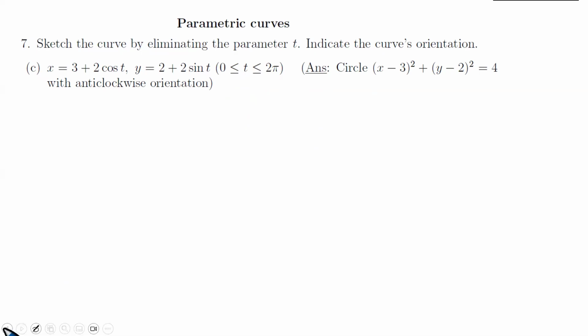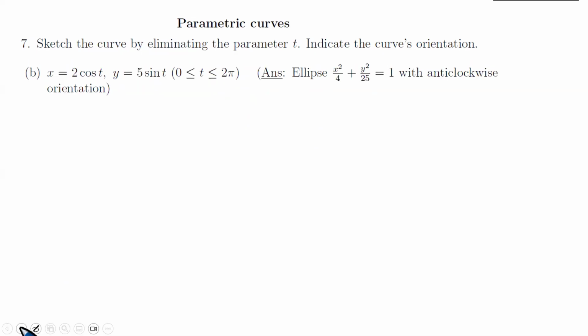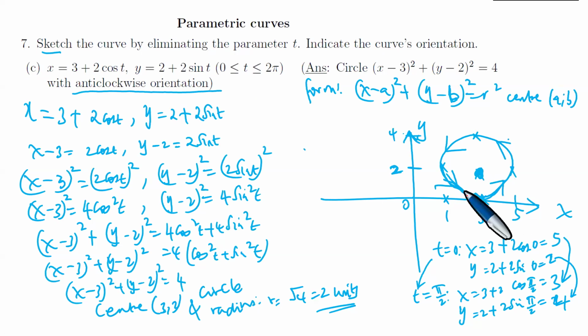So this would be a full circle because it's from 0 to 2 pi. So at this point, 0 is like here for the circle, and then you go like this. So when x is 5, y is 2. Then you go the other way.